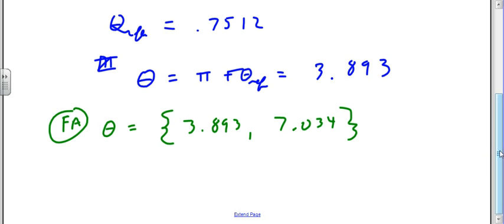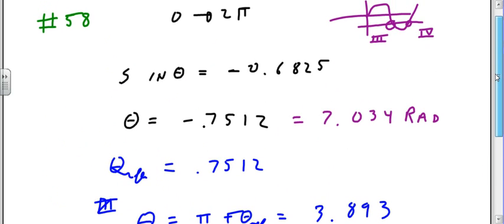What did I do wrong? Breaks down radians. This should be 2 times pi minus 0.7521, which is supposed to be 5.532.